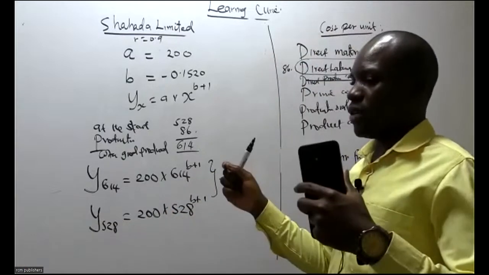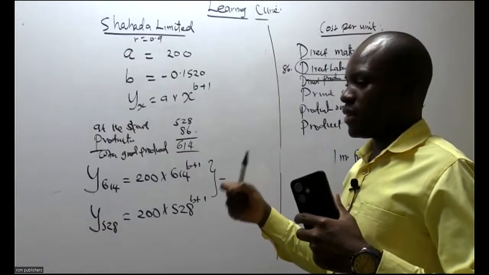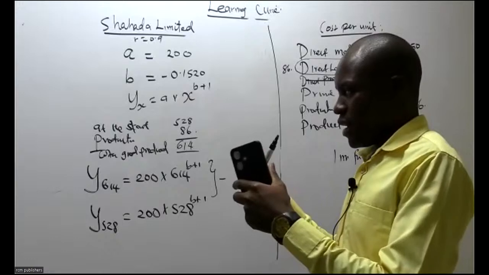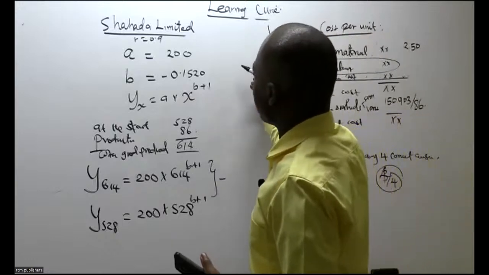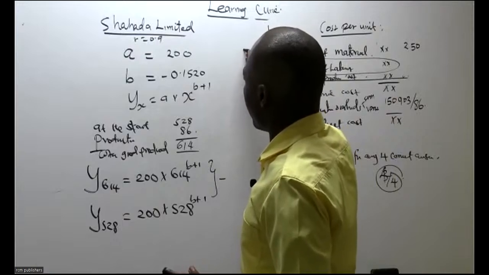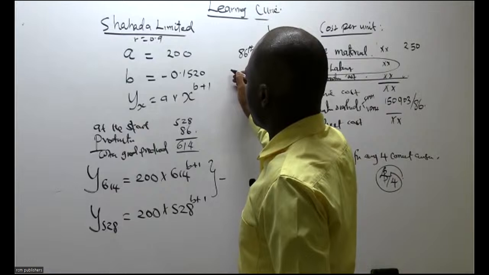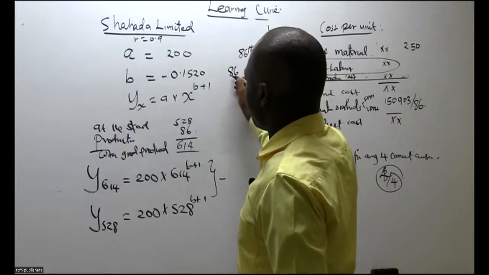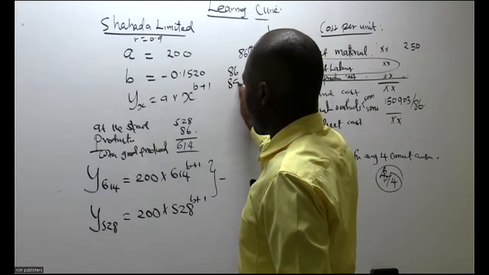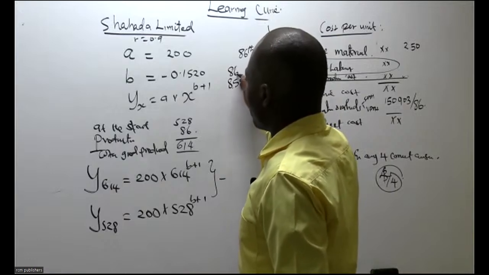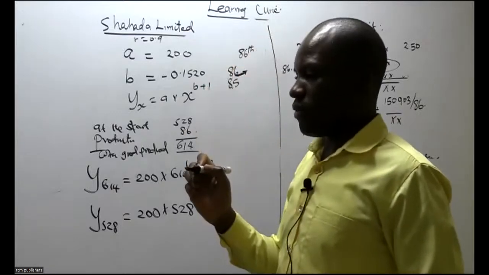Remember, there is a difference between the 86 units and the 86th unit. If you want to get the 86th, you get the first 86, then you get the first 85. The difference between the two will give you the cost incurred to produce the 86th unit.